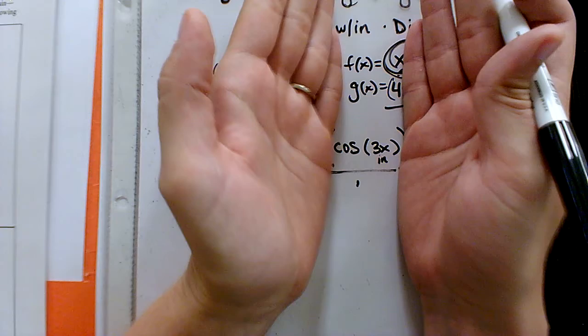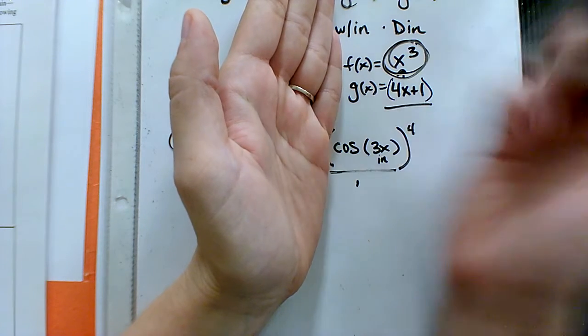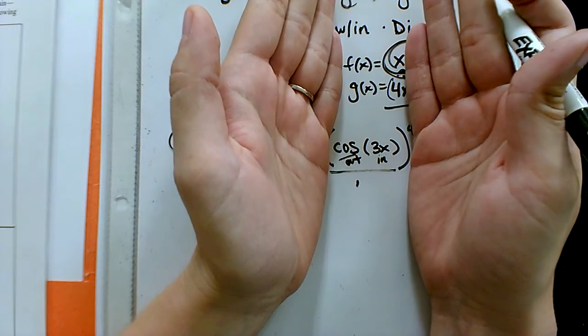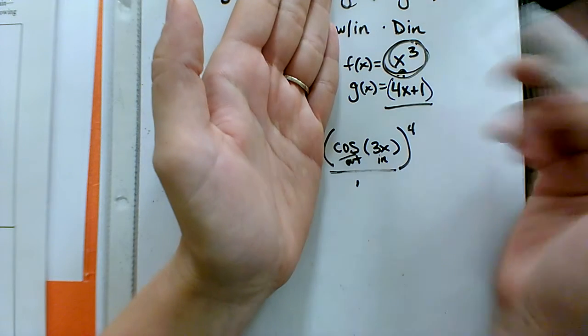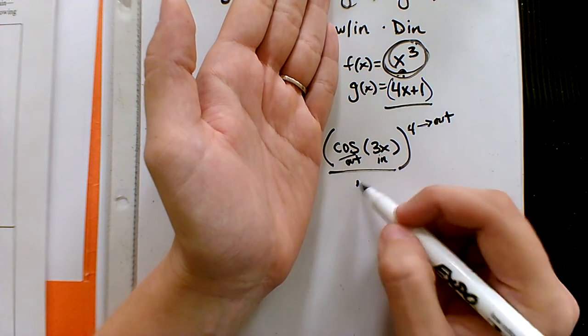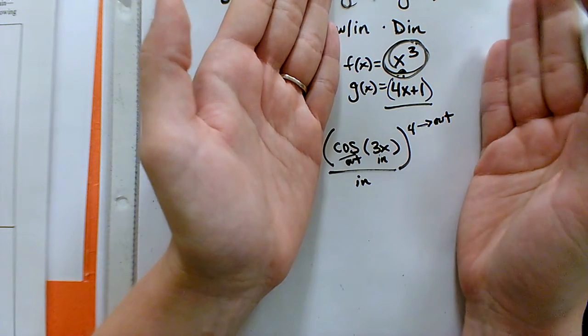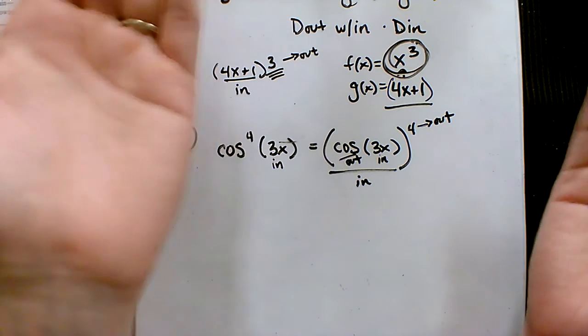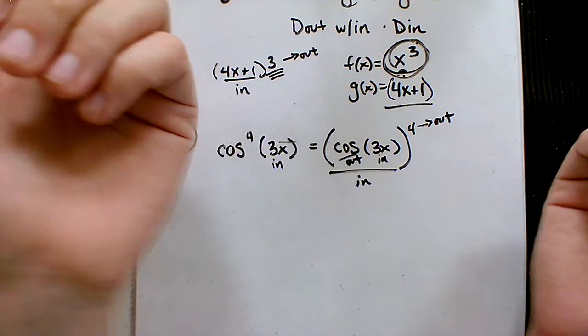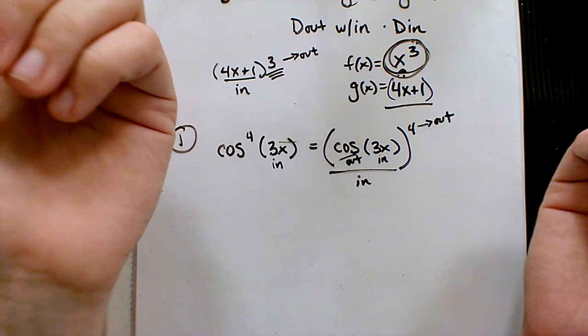So if you just look at the cosine of 3x part, this is the in and this is the out, right? But if you look at the whole thing, the 4 is the out, and then cosine of 3x is the in. So if you can identify multiple inside-outside pieces, you're going to have to use the chain rule multiple times, and that's when it gets a little confusing.